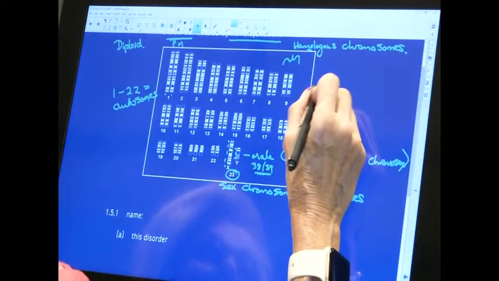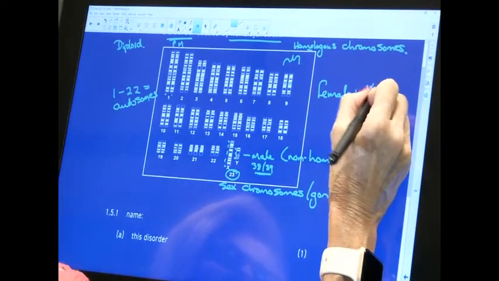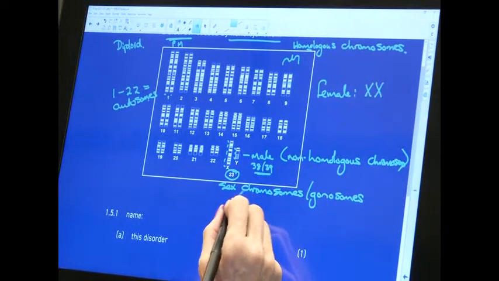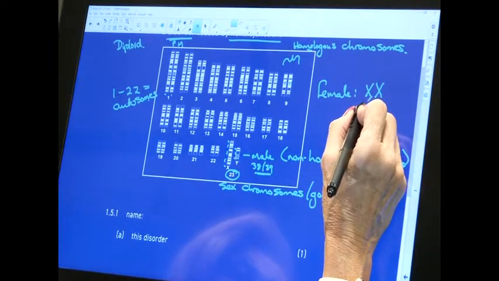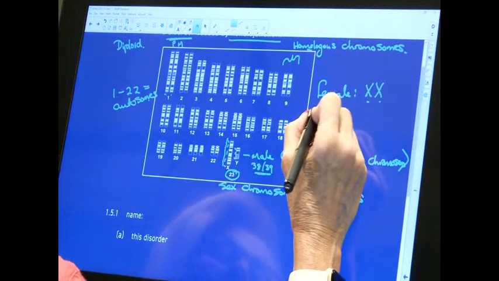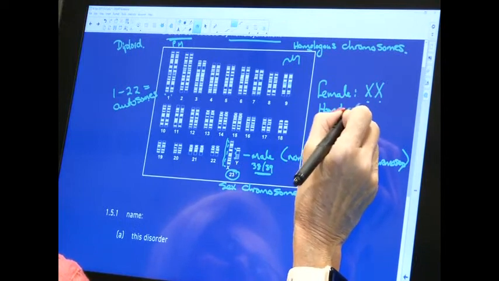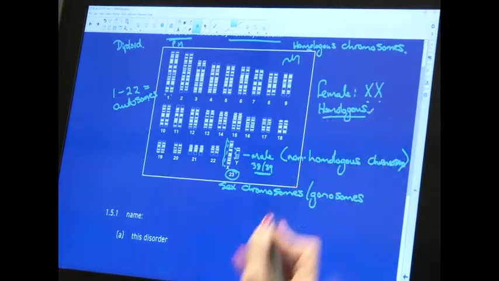And in the female, we have XX gonosomes or sex chromosomes, and they both look like this one, and they are going to be homologous. And that's important for when you do sexual disorders that are carried on the sex chromosomes, which is the X chromosomes.